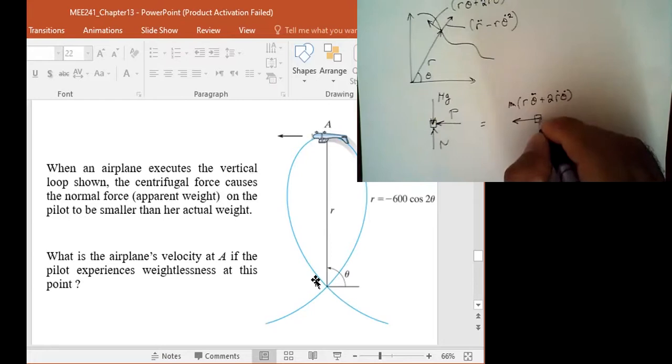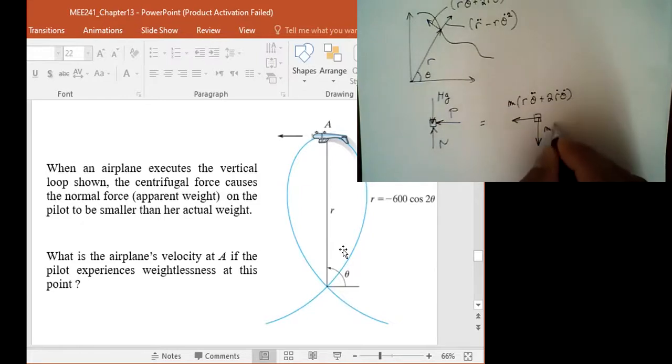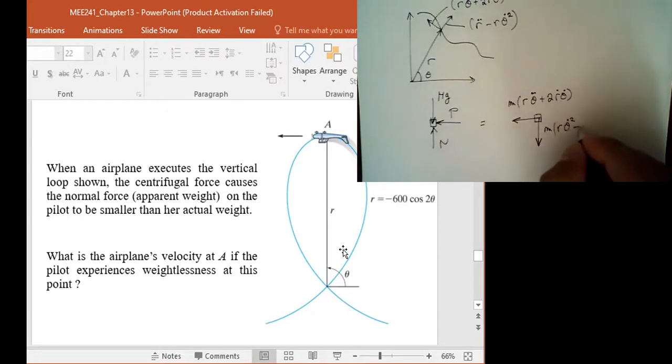And the other thing is in the opposite direction of r, so now I'm using the opposite arrow. Can you guess what that should be? Maybe you can pause the video to make sure you have it. This is going to be m r theta prime square, because now my r theta prime square is pointing downward, and then minus r double dot.